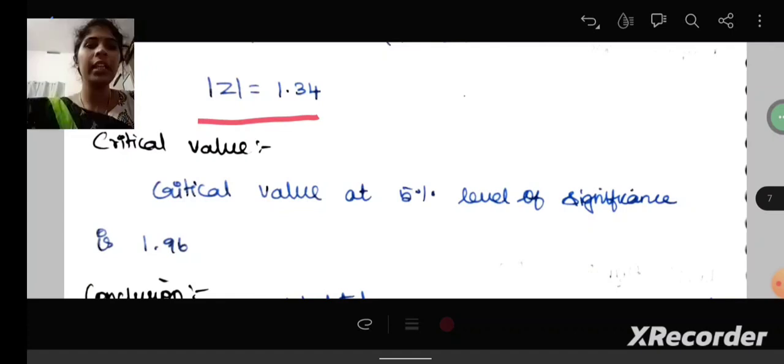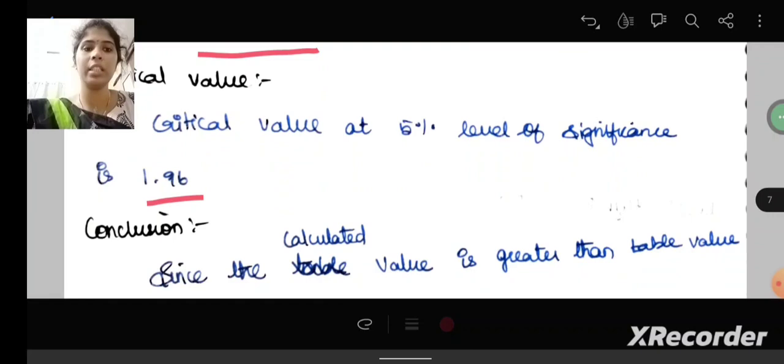Now the critical value at a 5% level of significance, that is alpha equal to 0.05, is 1.96. So now we compare the results of z calculated and z table value.